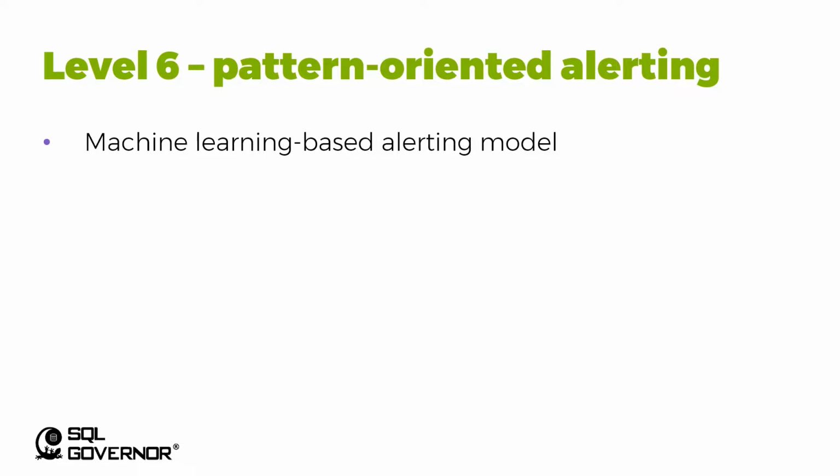Next topic is pattern-oriented alerting, and it is a machine learning-based alerting model. What I mean by machine learning is that we are also able to predict the probability of such an event to occur. And what I mean by pattern-oriented is that the algorithm is able to predict a certain behavioral pattern of the performance counter over time.